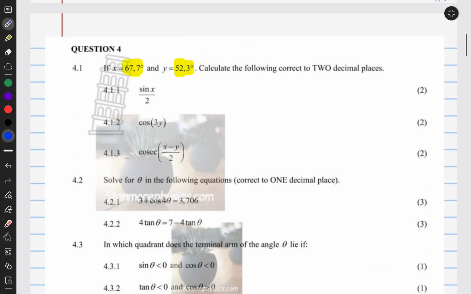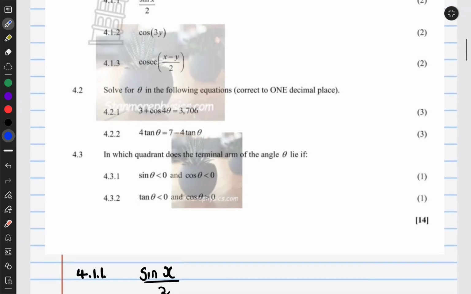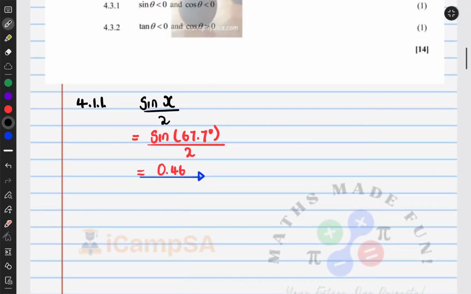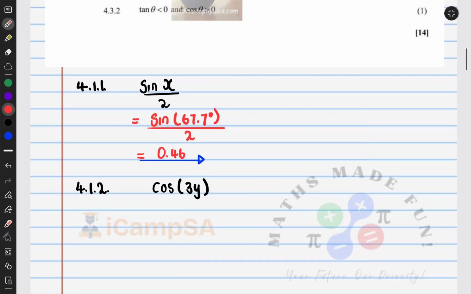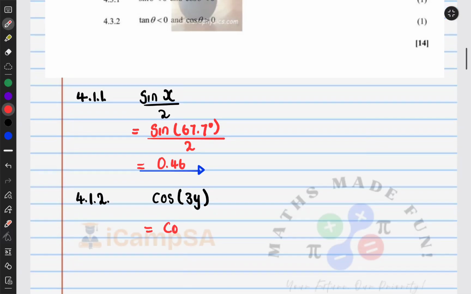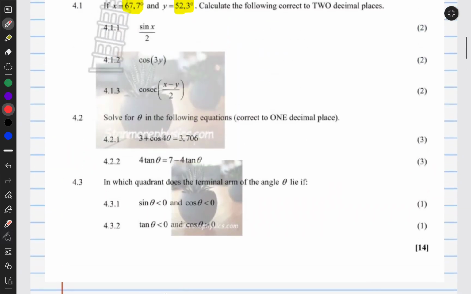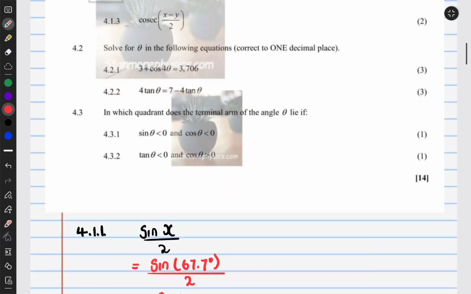And then next we have to calculate cos 3y for 4.1.2. We are calculating cos of open bracket 3y. This is going to be equal to cos of, what is y? Y is 52.3 degrees.